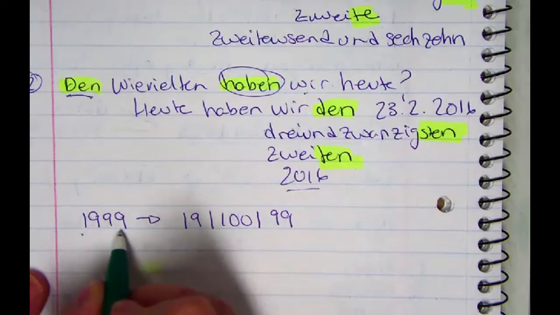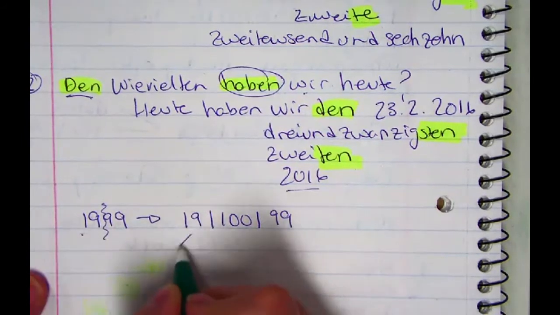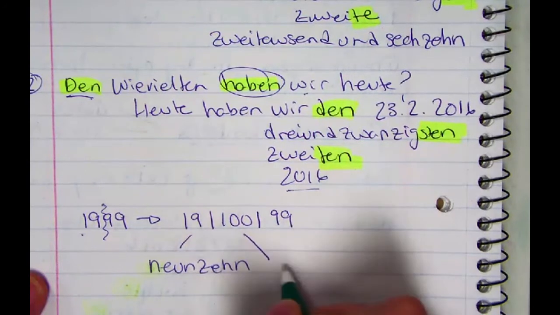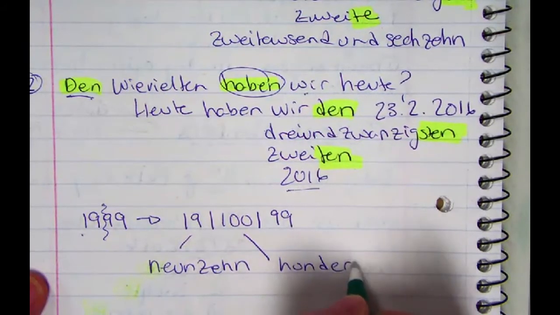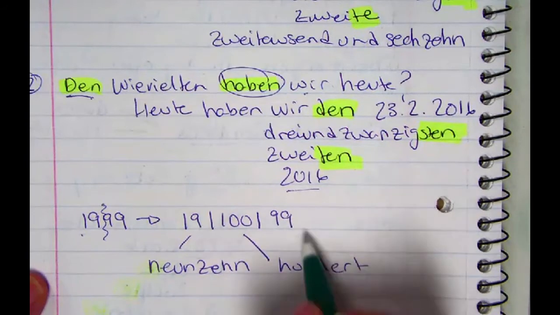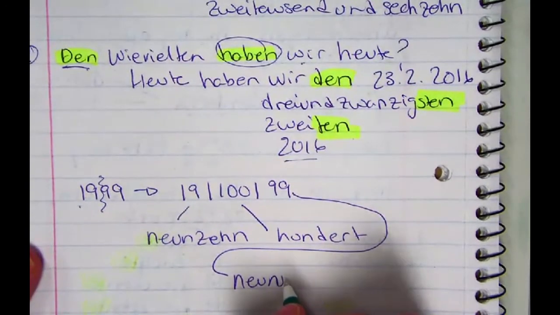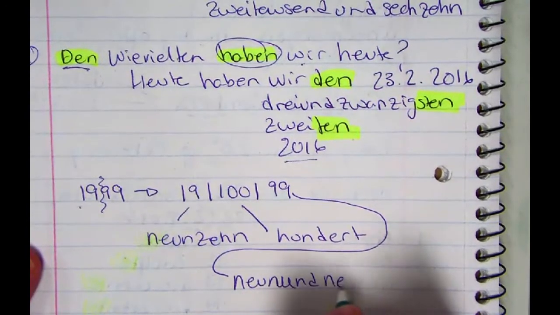So 1999, you're going to cut down the center and you're going to say 1900 und 90. I'm going to run out of room, so I'm just going to go over here.